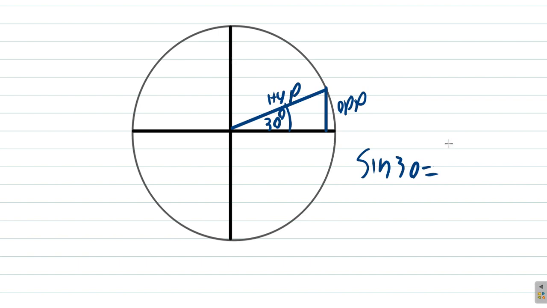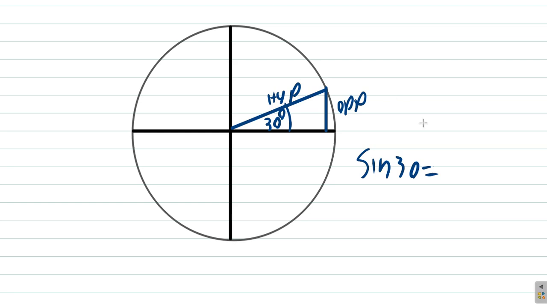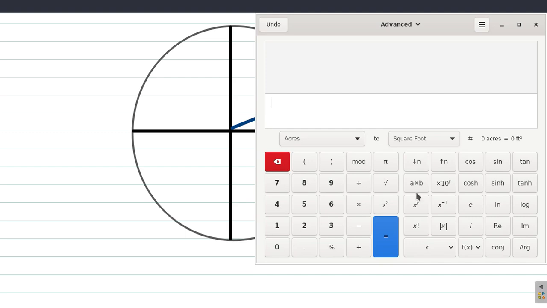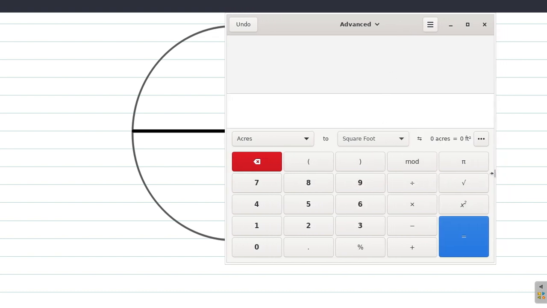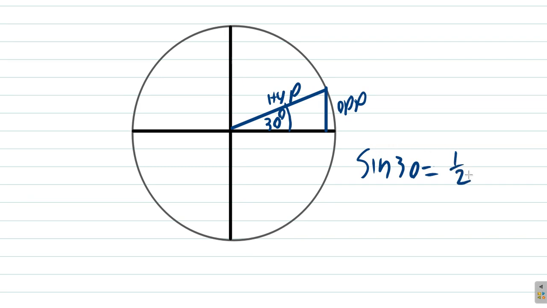Sine 30 is opposite to hypotenuse. Now, if we use our calculator and find the sine of 30 degrees, okay, sine 30 equals, see that? It is a half, right? It means that this opposite is going to be half of this hypotenuse.